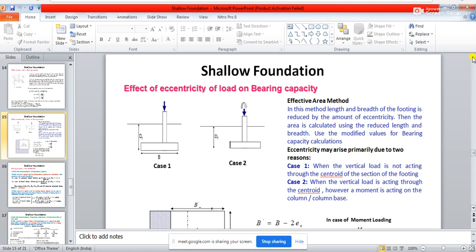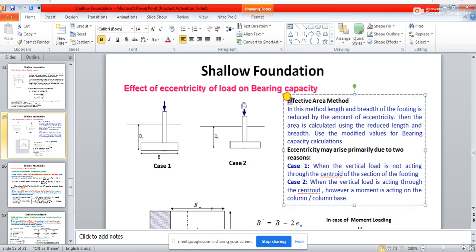The method applied is for reducing the bearing capacity, because effectively what eccentricity does is that the effective breadth and effective length of the footing get reduced. See the effective area method in the slide. In this method you observe the length and breadth of the footing.